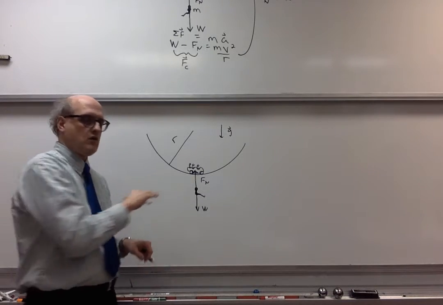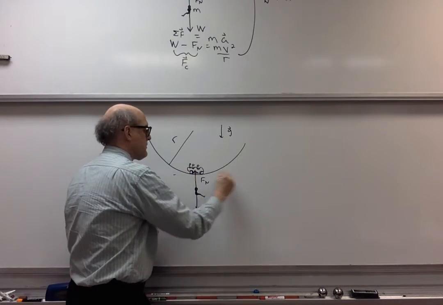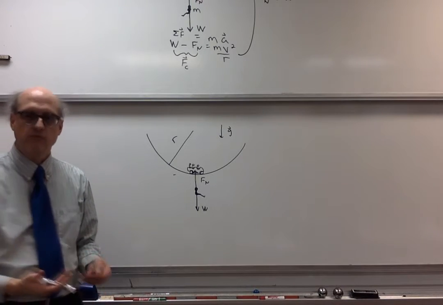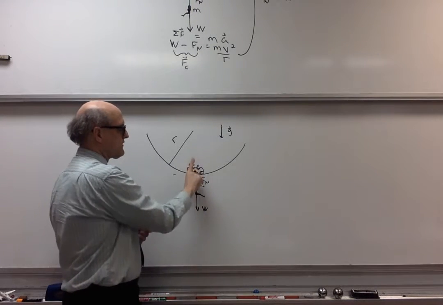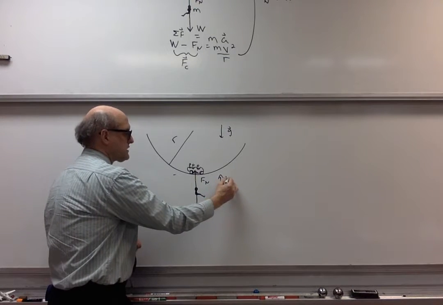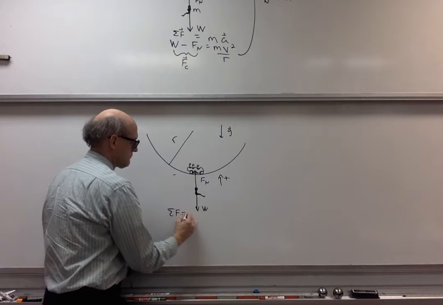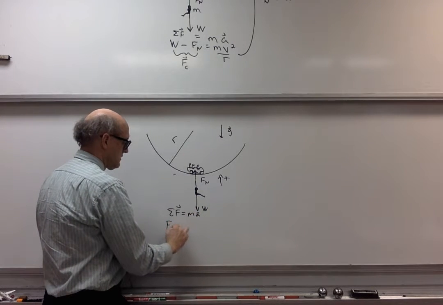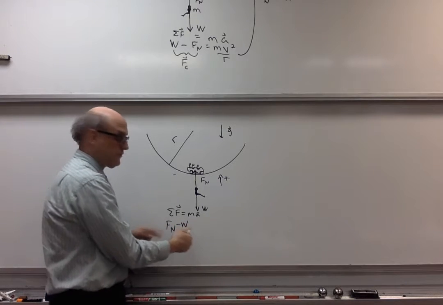Now, the coaster car naturally wants to go on a straight line path, so to divert it from that path you need a net force, and the net force would have to act upward toward the center. So if I call up positive, we have a net force of Fn minus the weight, and that's the centripetal force again.